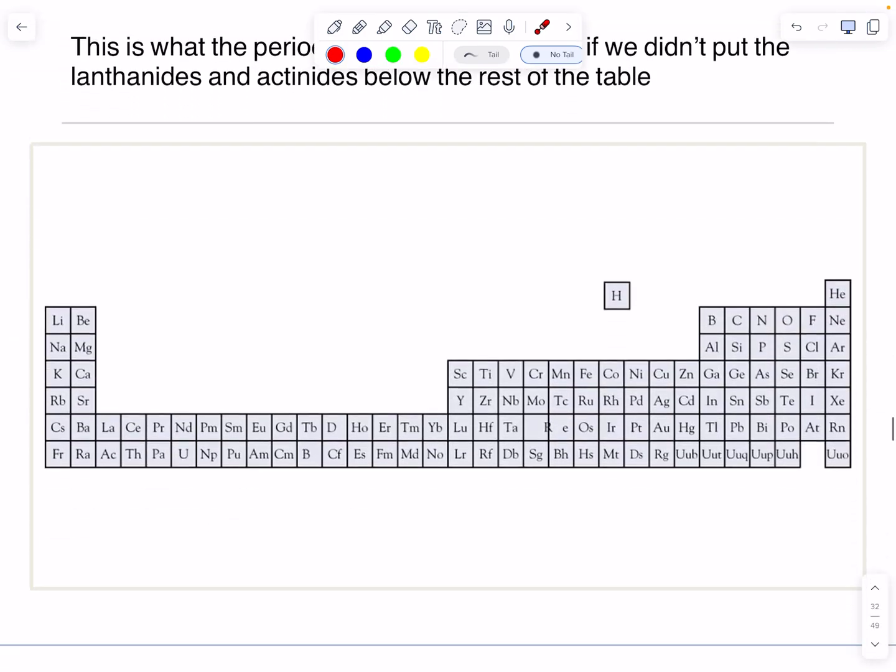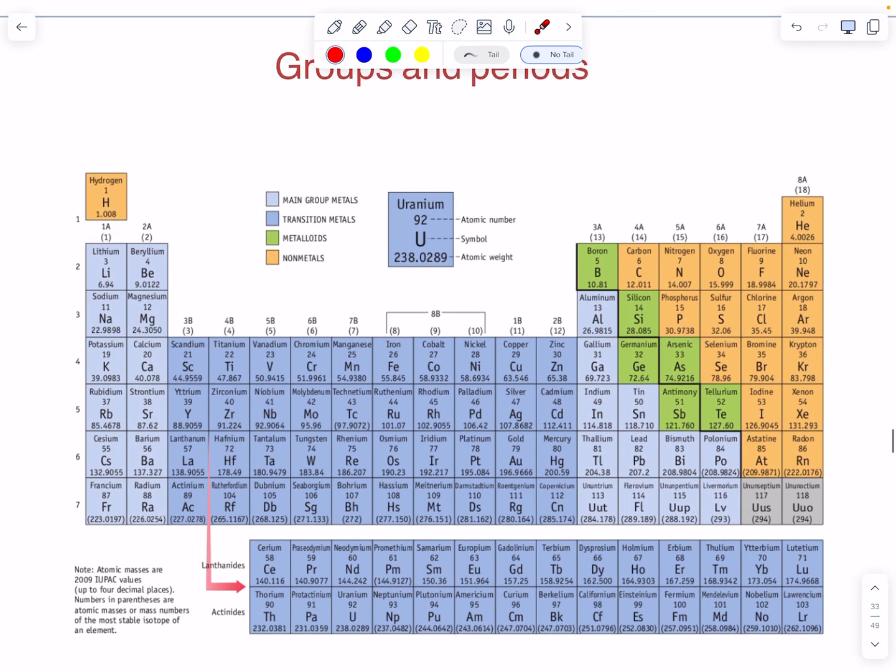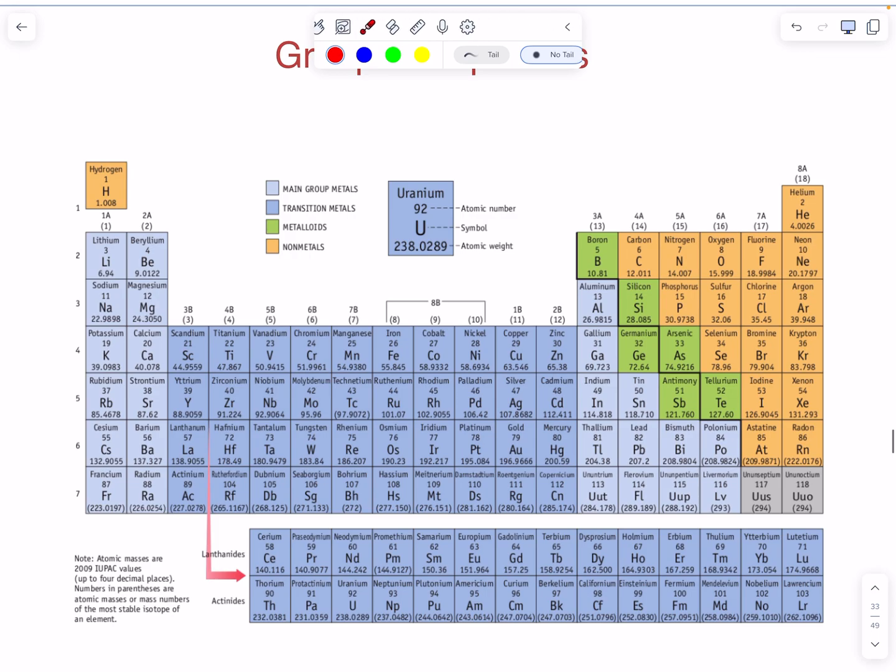All right, so let's talk about groups and periods. We give different names to different regions of the periodic table because they give us different types of information. In chapter 3, we are going to talk about electronic structure, and we've already talked about the fact that not all electrons are the same distance from the nucleus.